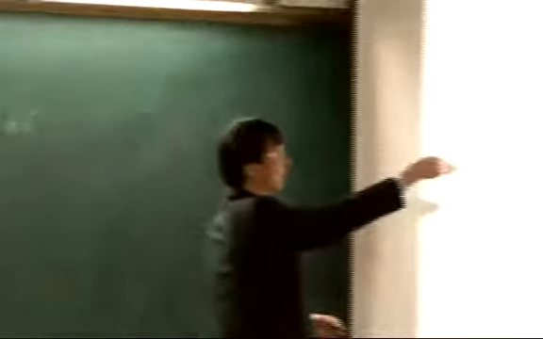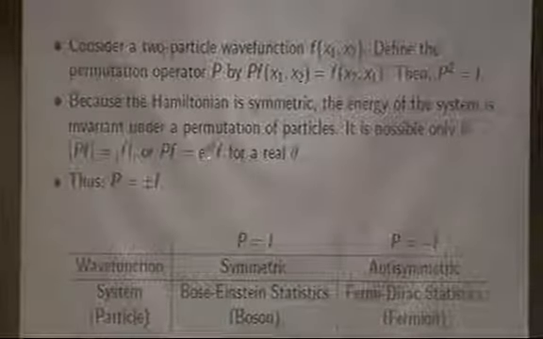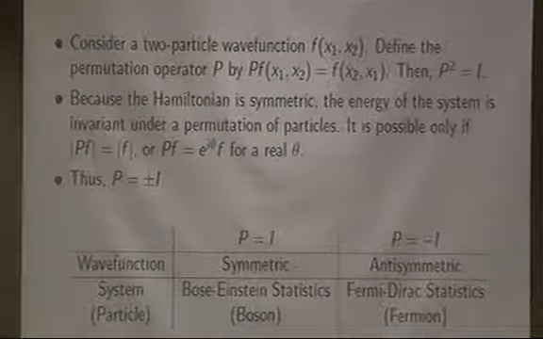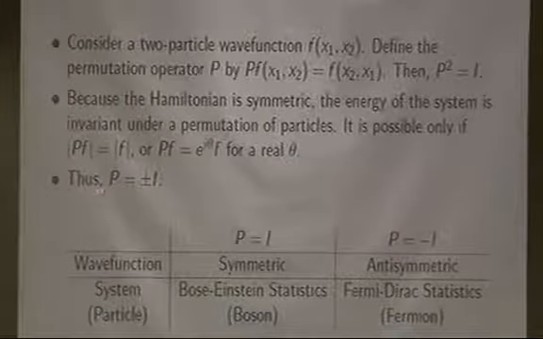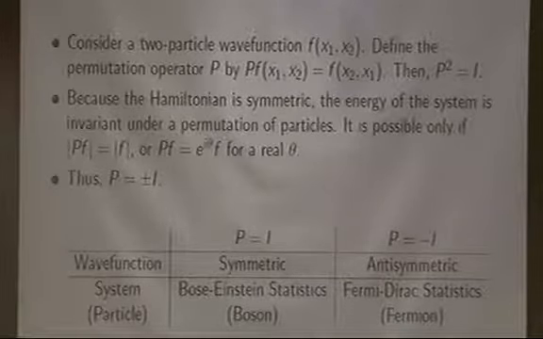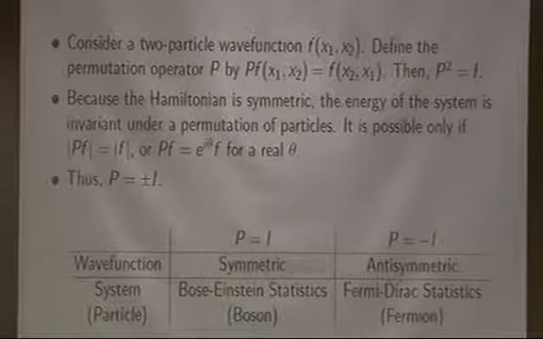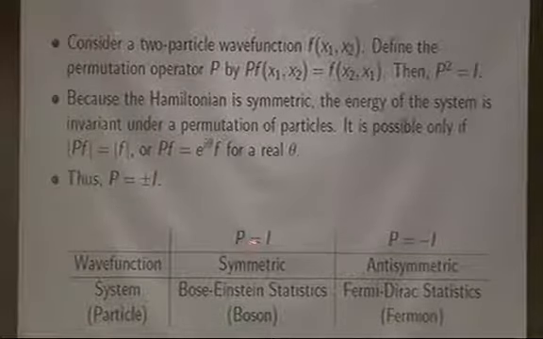So we have two pieces of information. One is that P squared equals I, and the second is that Pf is almost like this, but we have e to the i theta. Putting this information together, we can conclude that P equals I or minus I, where I is unity. So there are only two different ways of having a wave function. The first one is P equals I, unity.